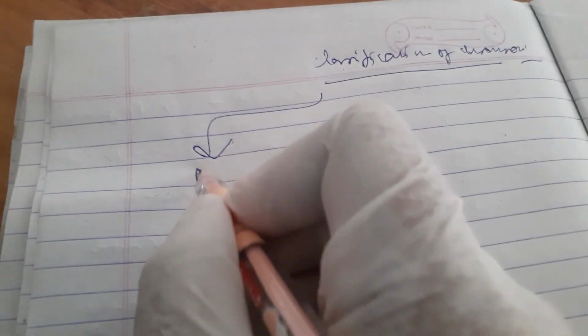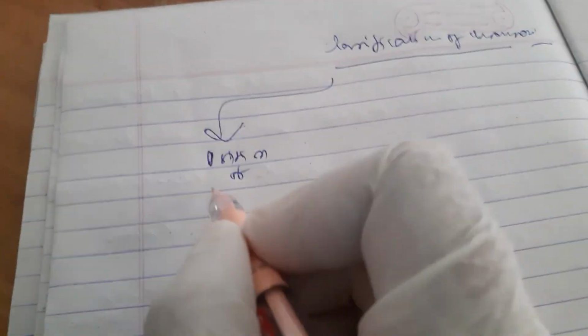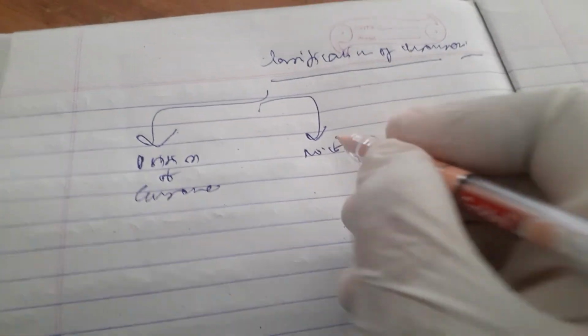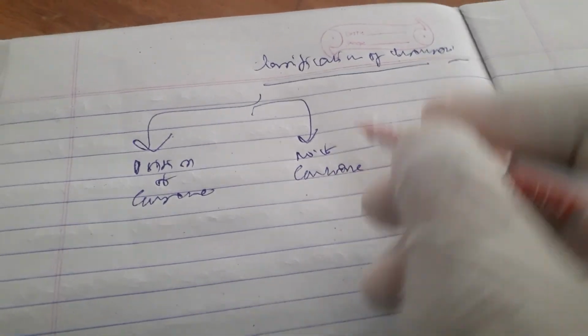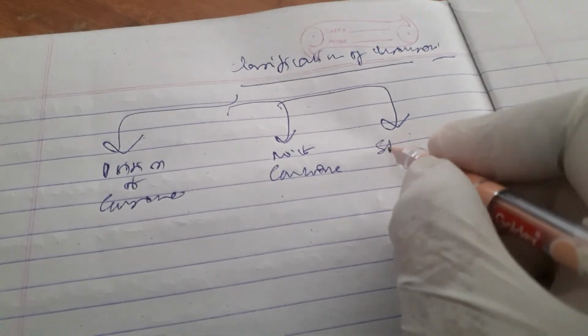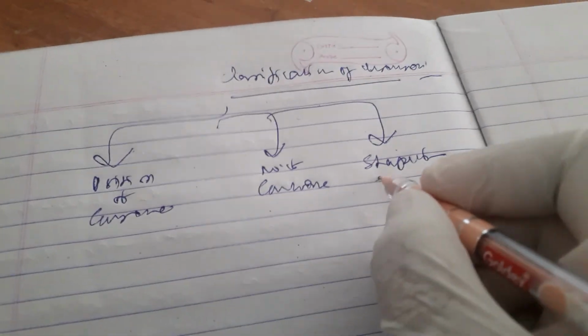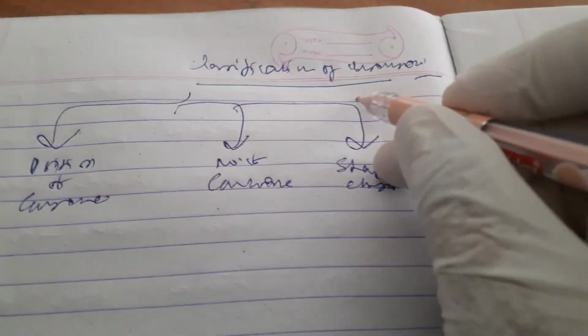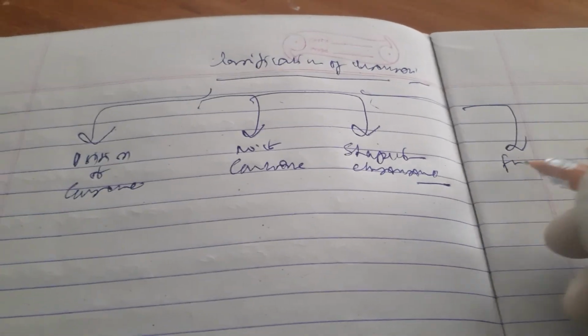Now we will read about the classification of chromosome. Chromosome is classified on the basis of the position of centromere, number of centromere, shape of chromosome, and function of chromosome.